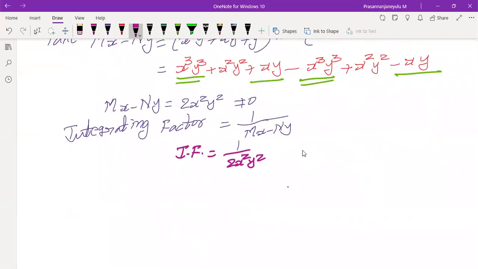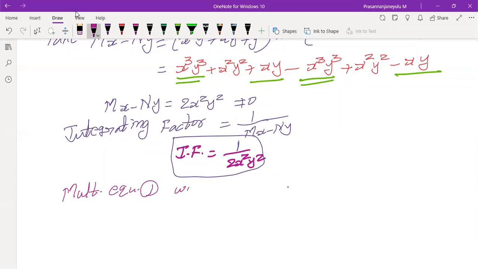Now, what do we have to do? What is our next step of the procedure? Multiplying on both sides. Which equation? Equation 1. Multiply equation number 1 with the integrating factor on both sides.